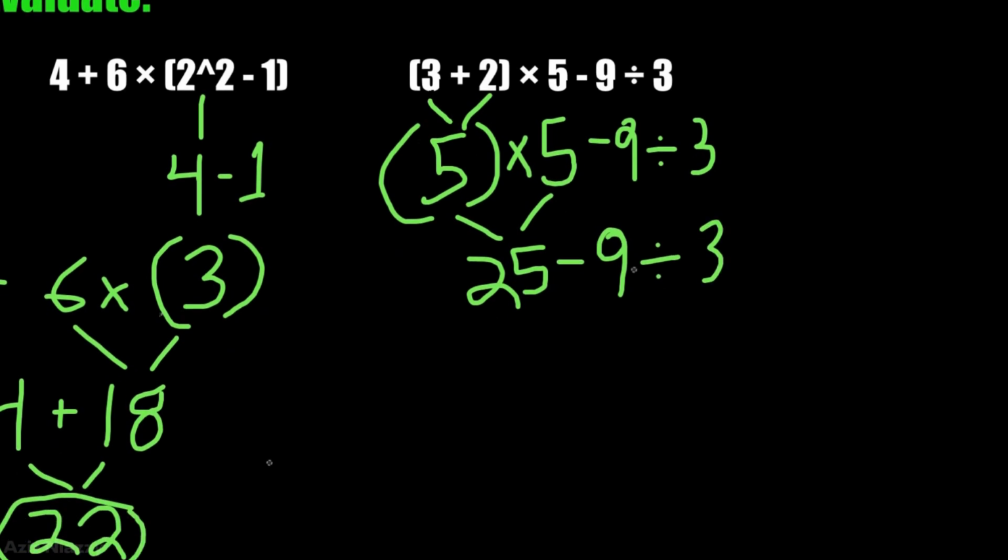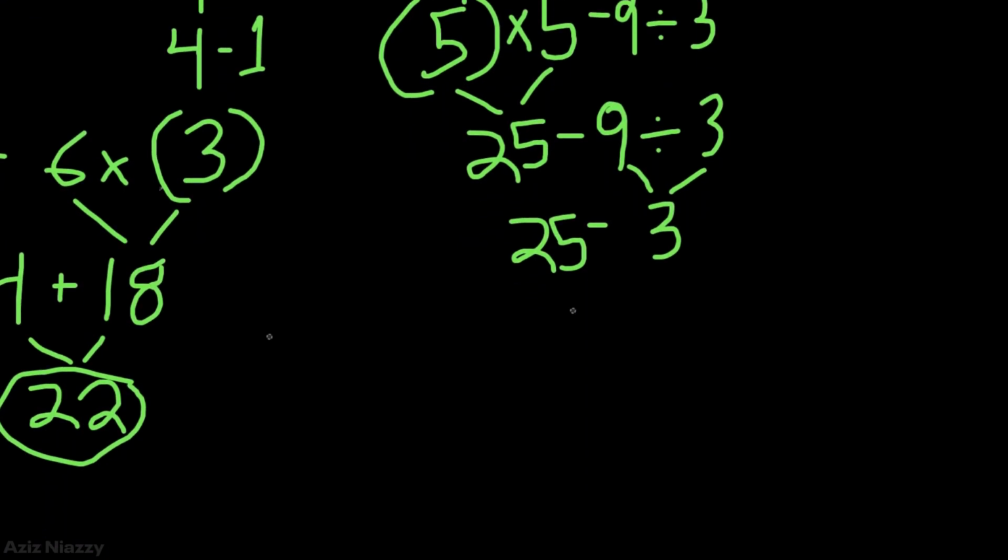And the next thing we're going to do is division. So 9 divided by 3 is 3, and 25 minus 3 is 22. So our final answer is 22.